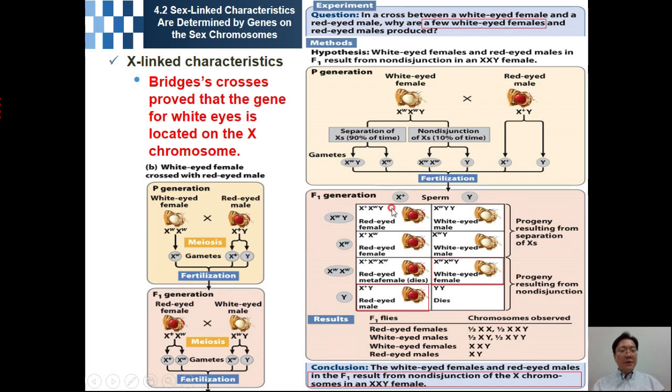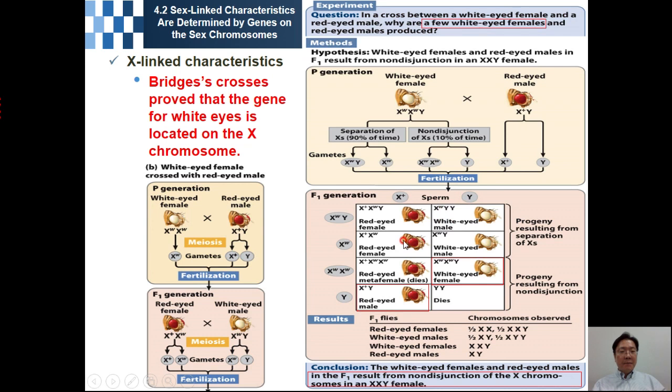After the crosses, in this scale, it is X plus XW. It means that this one is a red-eyed female. How about these cases? They have XWY, which means they are white-eyed males.